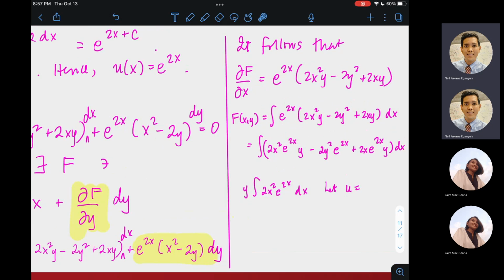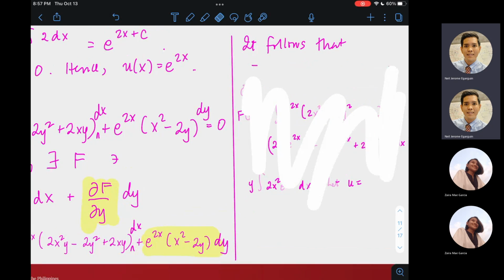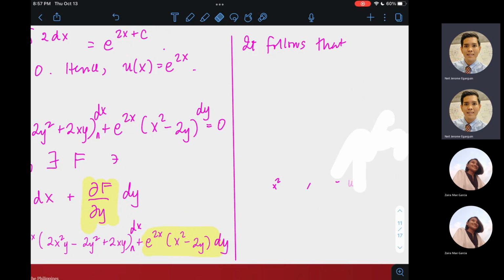So I will change my solution because though it can be done, right? If you're patient enough, you can get the same answer pagka tinuloy niyo yung solution ko. Pero gusto ko rito ipakita na kailangan minsan magaling tayong mamili kung alin yung madaling i-integrate.